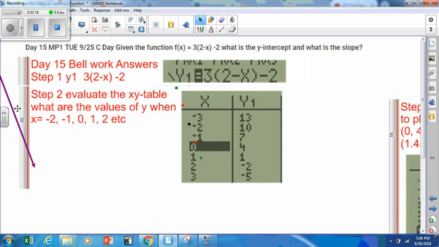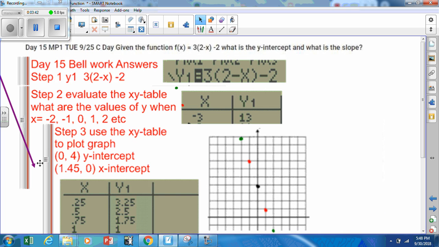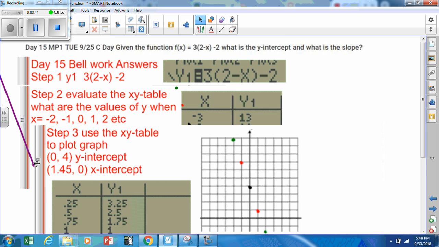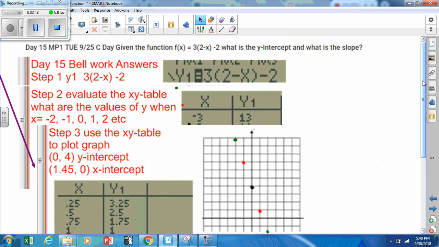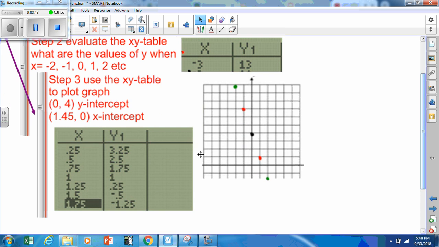All right. So specifically, we had to find out when x is -2, -1, 0, 1, and 2, what the value of y is. And here they are. The next thing that I asked you guys to do is to tell me the intercepts. And very simply, your y-intercept is always going to be the coordinates that you get when 0 is your x value, and we're looking for 4.